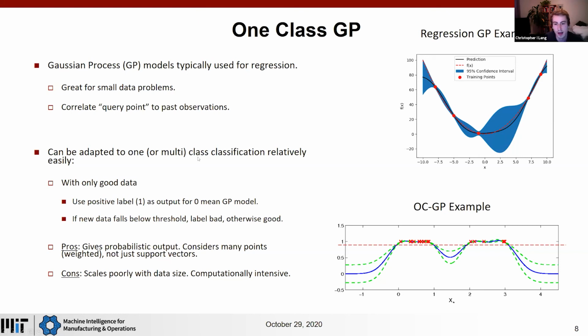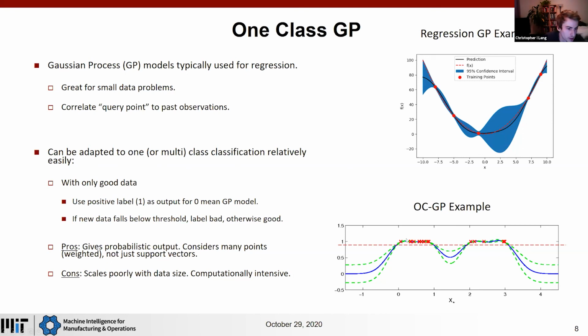So if you only have known good data, what you can end up doing is using the positive label 1 as the output f of x that you associate with these known good features, and you use a zero mean Gaussian process model. And then if a new point falls below some threshold, you label it bad, otherwise you label it good.